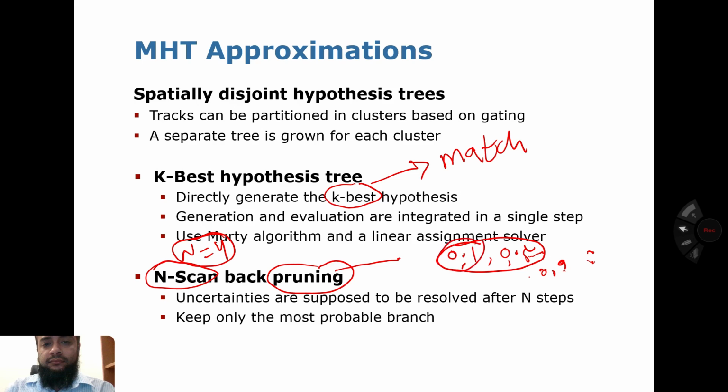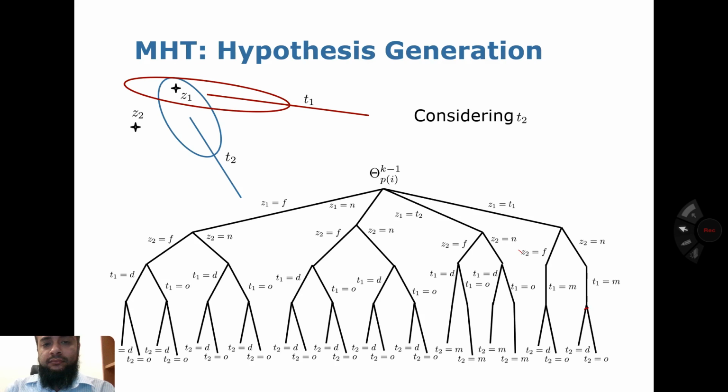So if the association probability is less than 0.1, they can be deleted after every 4 scans, and it keeps only the most probable branch. In this way, the growth of the tree can be reduced.